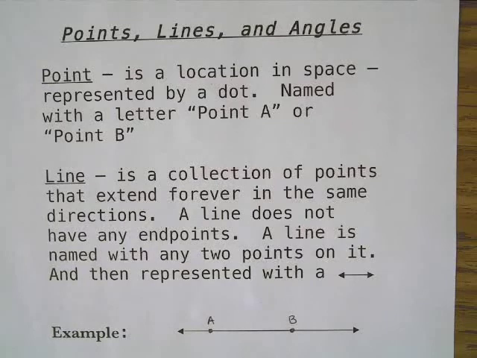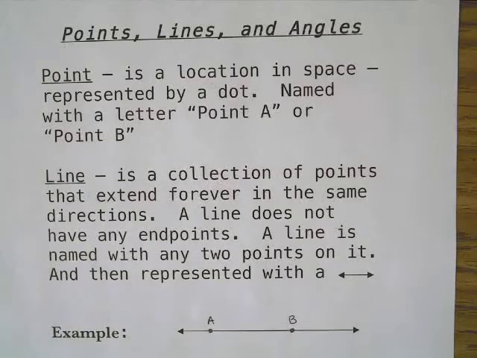So a line is a collection of points that go on forever and ever in both directions. Okay, so it's never ending. That's why it has an arrow on both ends. It does not have an end point. It does not have a start point.